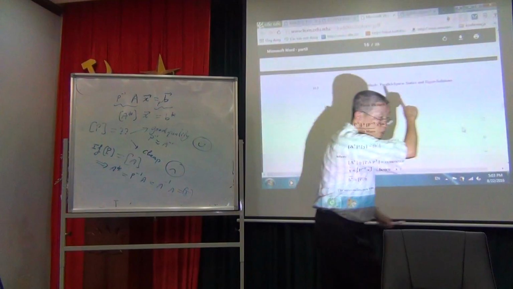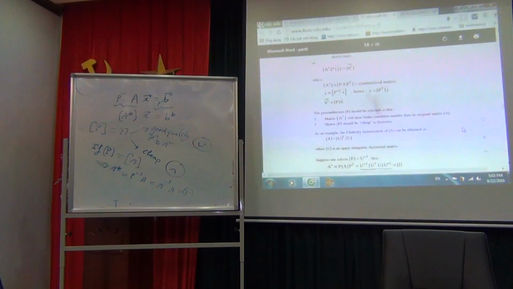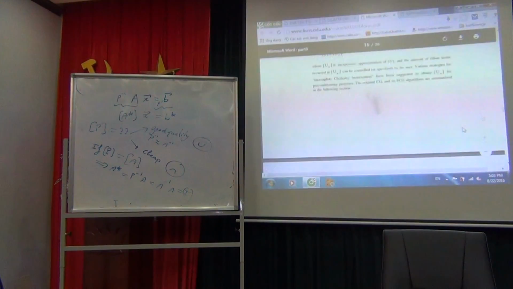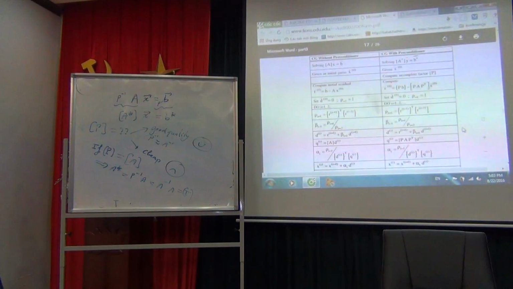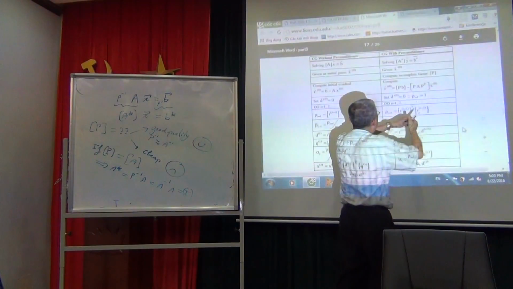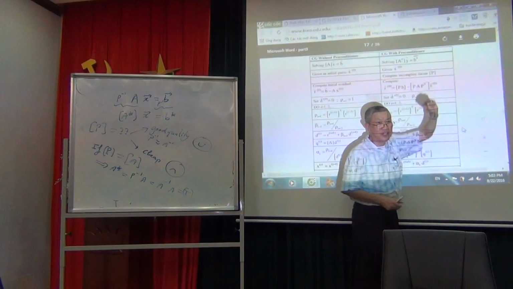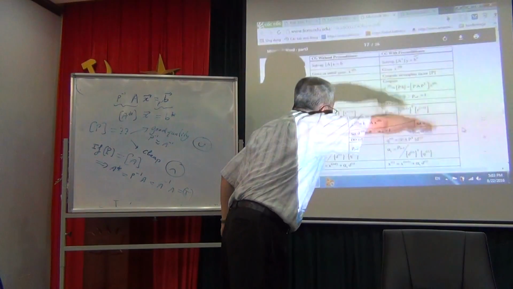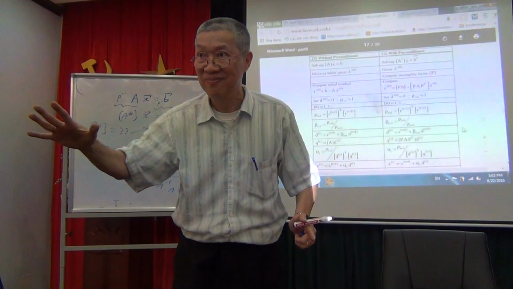If you look at the conjugate gradient algorithm, right here. Remember I already explained this. On the right hand side column, you know what we say? Conjugate gradient with preconditioning. What does that mean? On the right column, we're solving the new system.